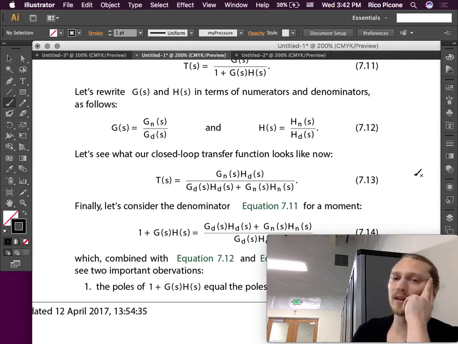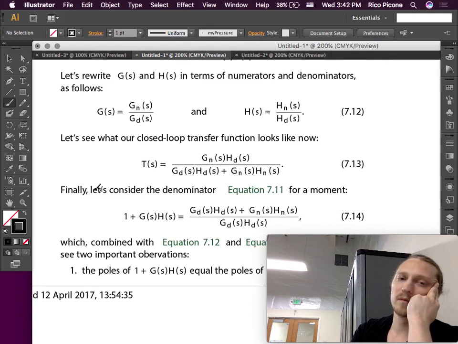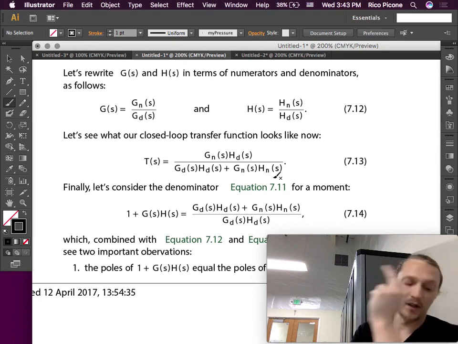So if you combine those, and you move everything around, you see a few things that happen. First of all, the poles of the closed loop transfer function come from both the denominator of GH and the numerator of GH, right?